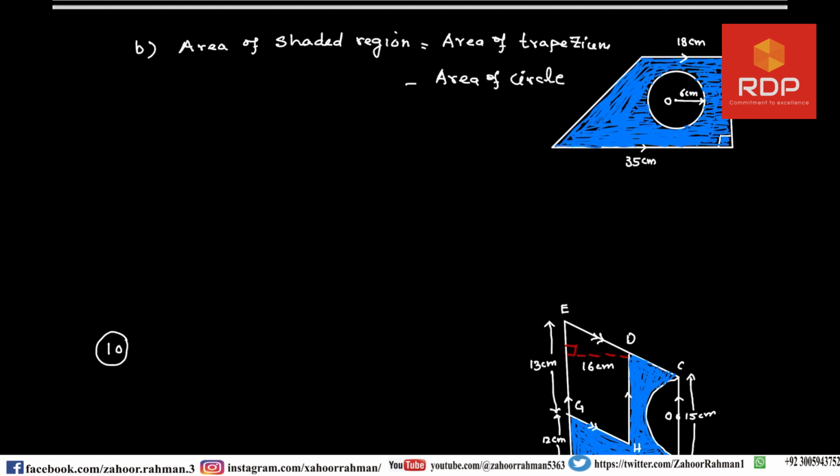So here we are writing 1 over 2 into the sum of the parallel sides into height, and that is 18, minus pi and 6 whole square.